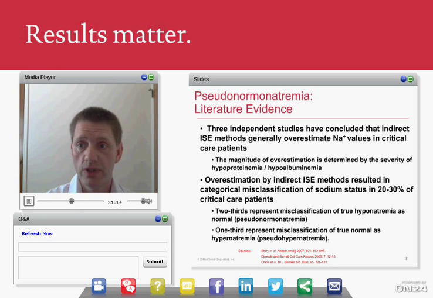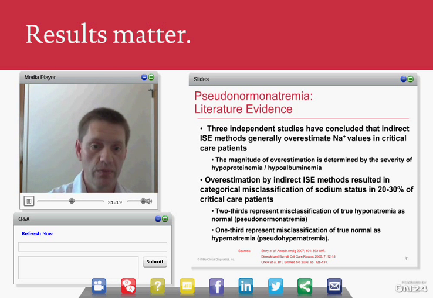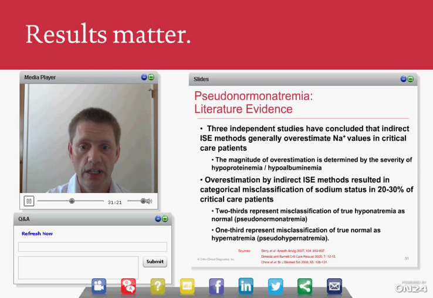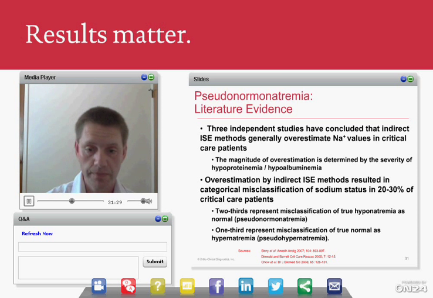This is due to a combination of two things: one, the majority of them have hypoproteinemia, and two, a significant proportion of them have true hyponatremia. So many of those with true hyponatremia will be read as normal, and a significant proportion of those who are normal will be read as hypernatremic.